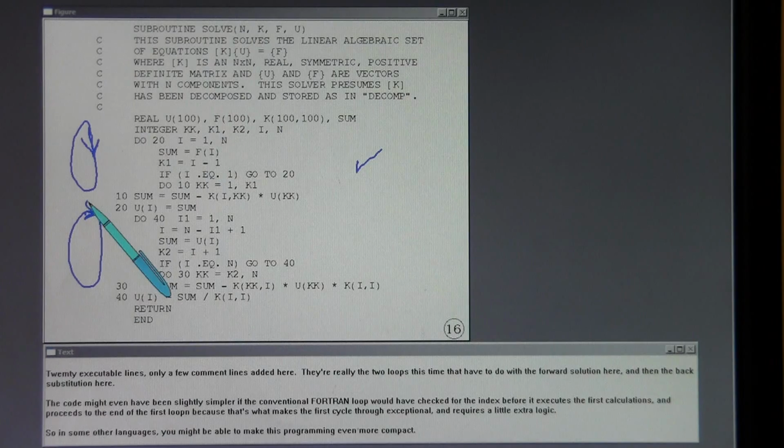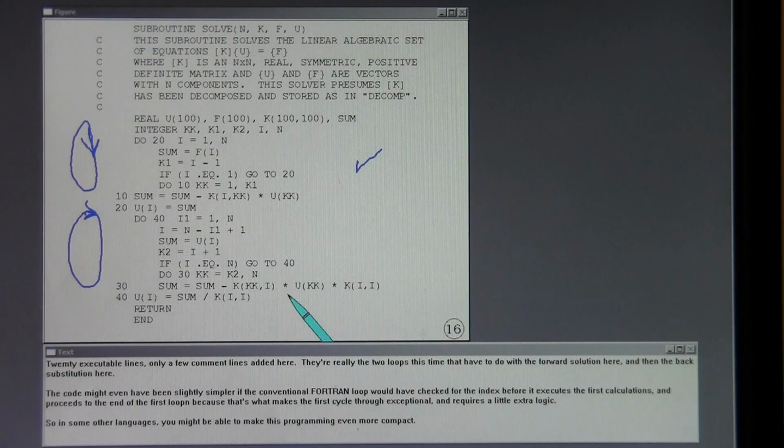The code might even have been slightly simpler if the conventional Fortran loop would have checked for the index before it executes the first calculations and proceeds to the end of the first loop, because that's what makes the first cycle through exceptional and requires a little extra logic. So in some other languages, you might be able to make this programming even more compact.